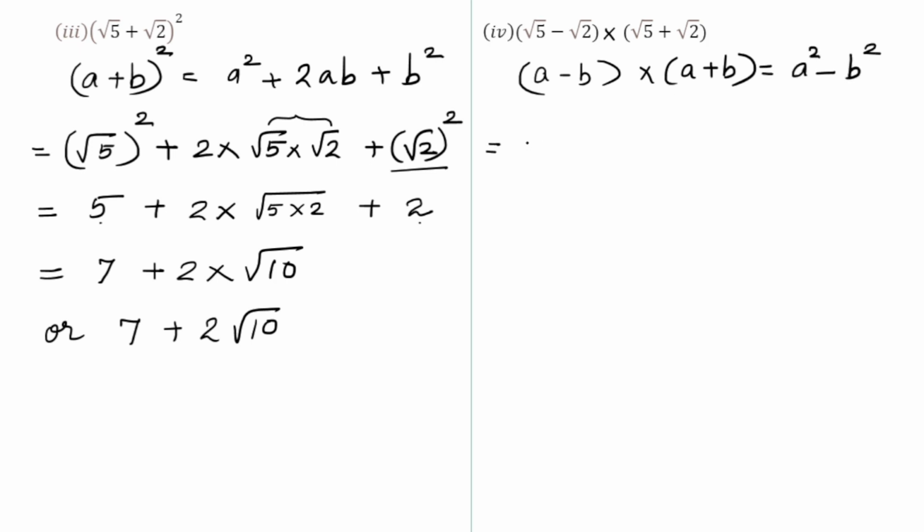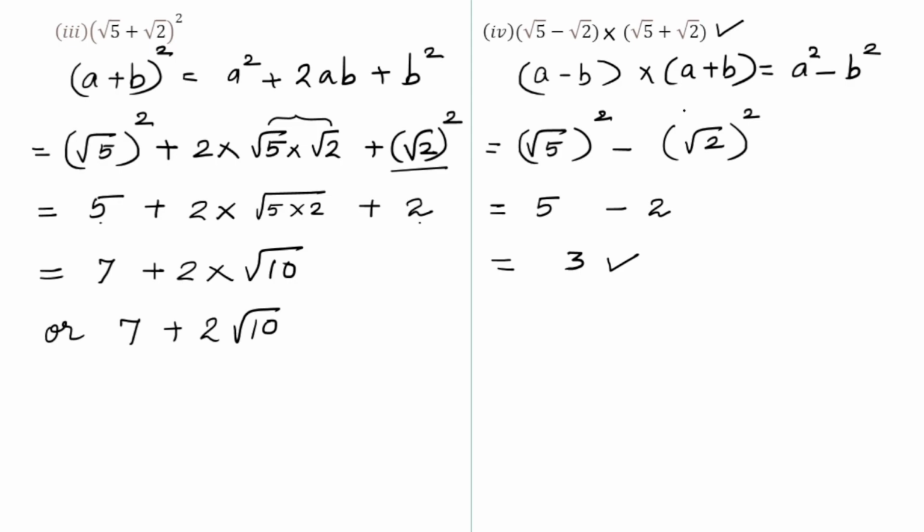So the value of a here is root 5. So it is root 5 square minus, value for b is root 2 square. Now we know root 5 square will give us 5 and root 2 square will give us number 2, and our answer is 3. So 3 is the simplified form of this expression.